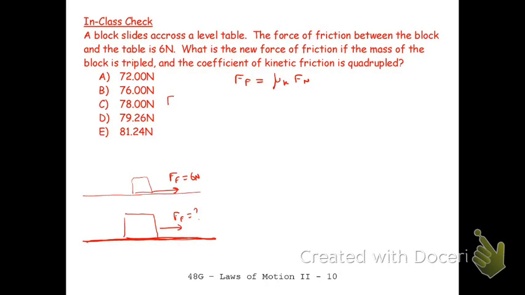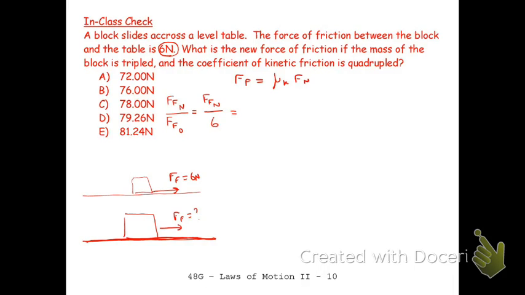So I say, well, I want my FF, the new version of it, and I'm going to compare that as a ratio with my FF, the old version of it. And you go, well, hold on. I don't know the new value, but I do know the old value. The old value is 6. So then how do we get this?